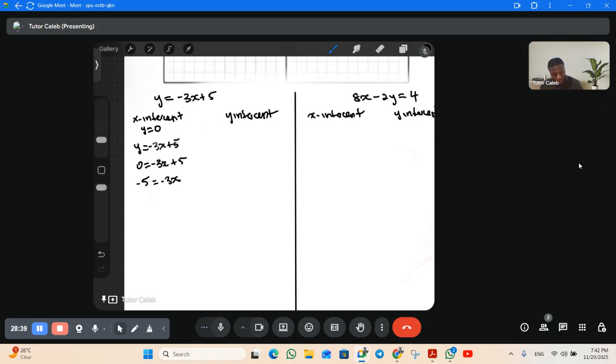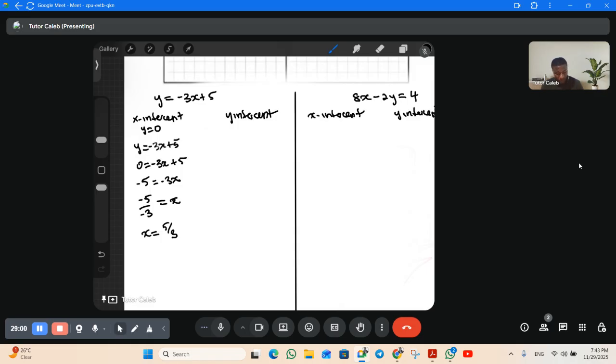And minus 5 over minus 3 equals x by dividing both sides by negative 3. So x gives us 5 over 3 because the negative signs cancel each other.